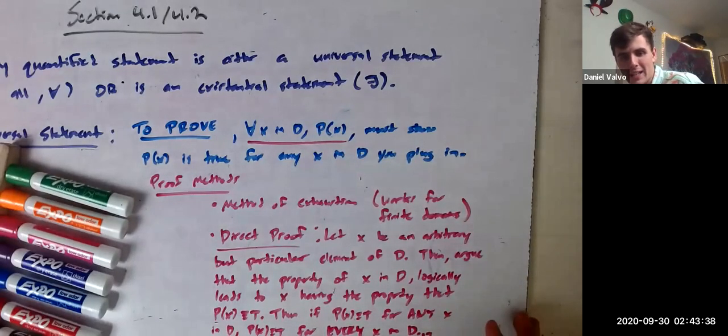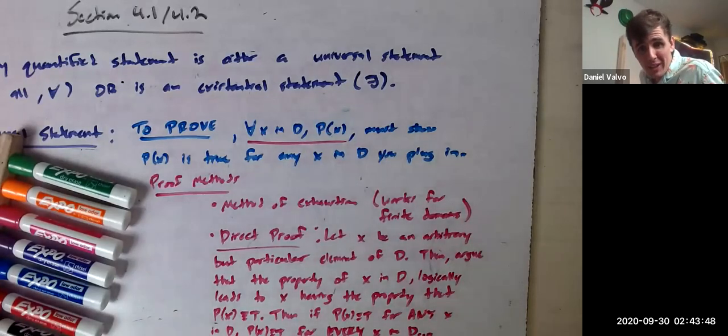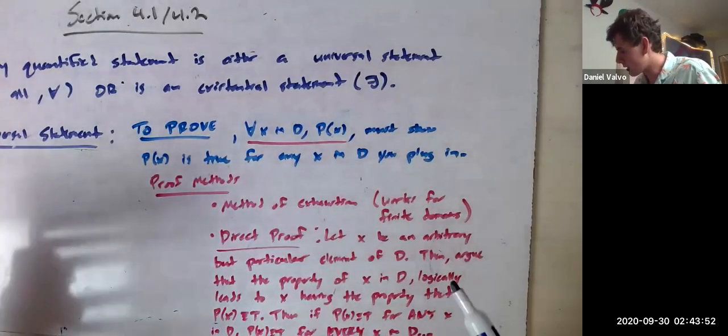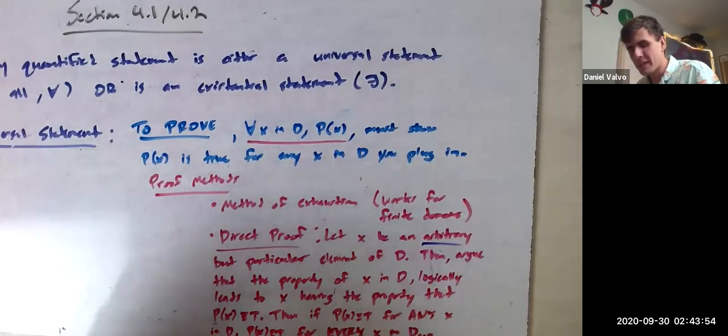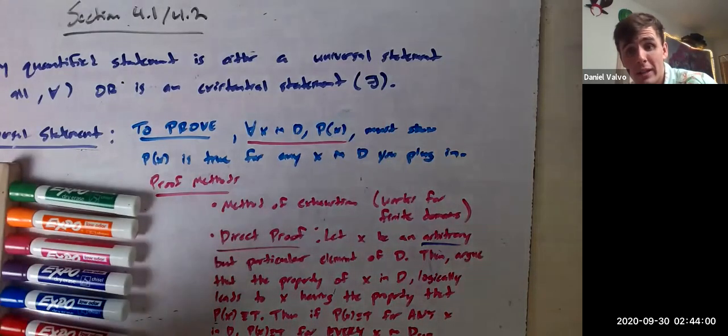And that last line is a kind of subtle distinction, right? But the idea is we're going to let x be any arbitrary but particular element of D. Arbitrary just means that it's just any old element in D. We can't assume anything about it.